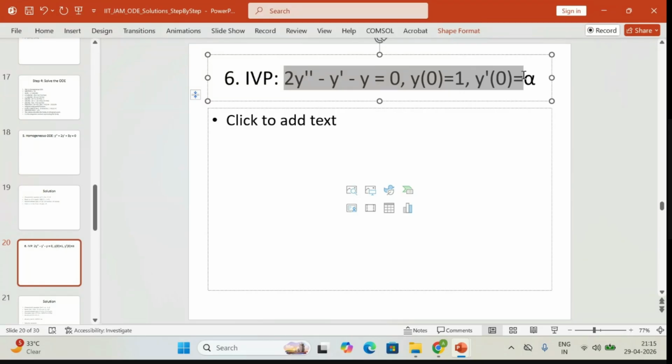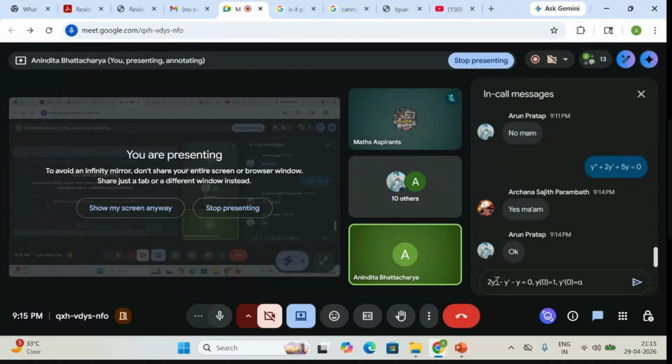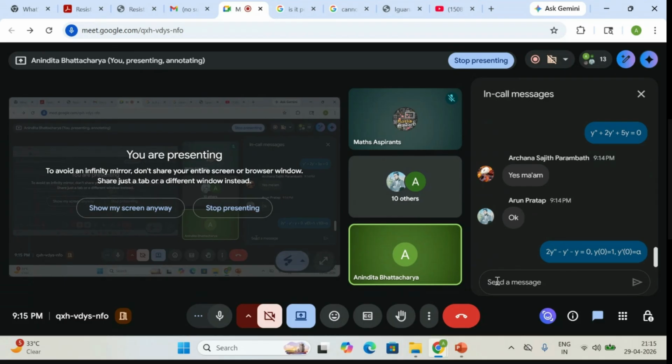So second order homogeneous equation, and it has some initial conditions: y(0) equals 1, y prime(0) equals alpha. Has everybody noted down the equation, the question?